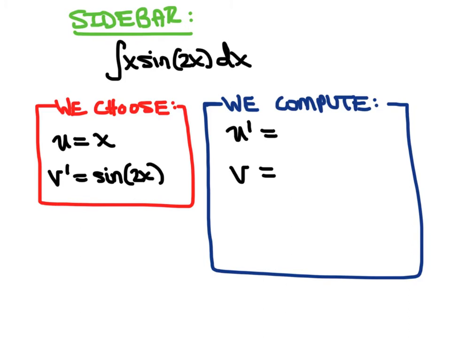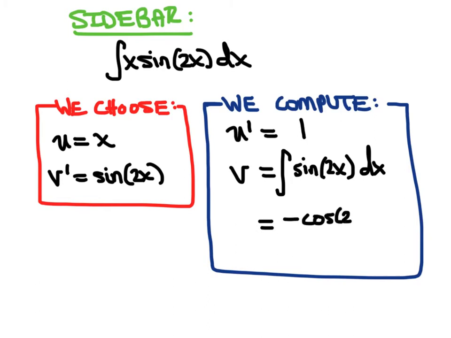Here we're going to set u to be x and v prime to be sine of 2x. Again, we compute u prime is 1, and v is the integral of sine of 2x, all with respect to x. I won't do this one out formally, but this is going to be negative cosine of 2x, all divided by 2 in this case.